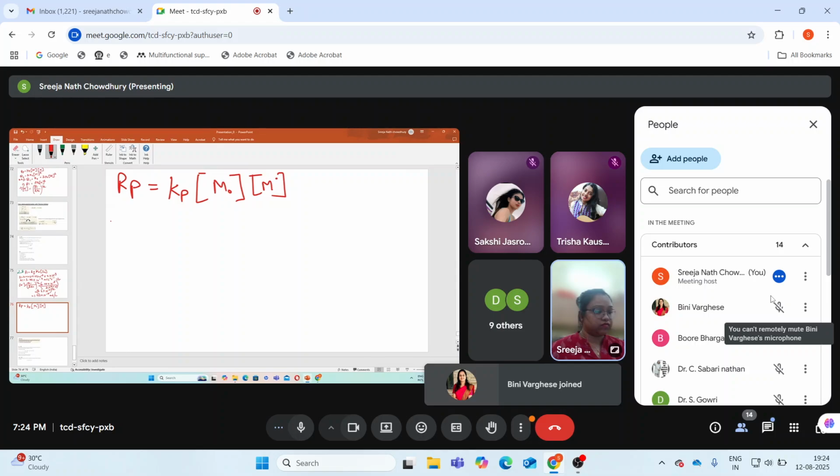So we just put the values: Xn equals 1 plus 150 to the power half, and by that we get 13.24. We get the degree of polymerization 13.24. Xn is clear.